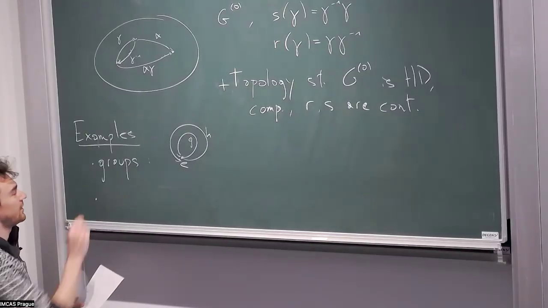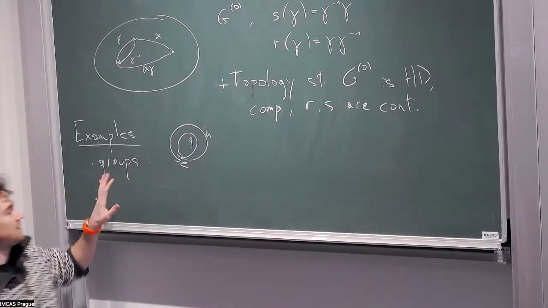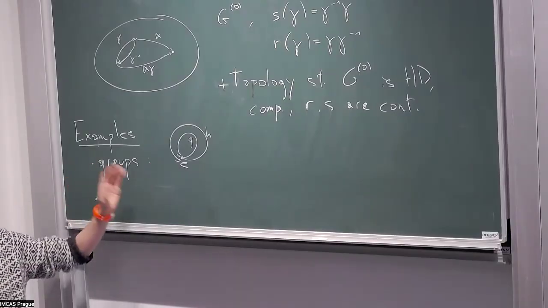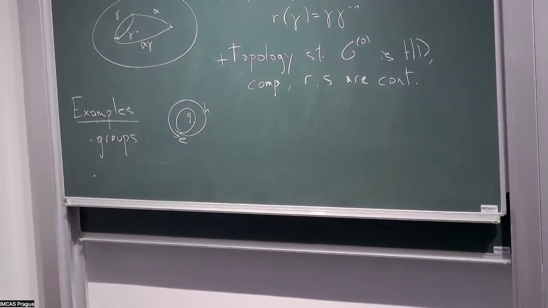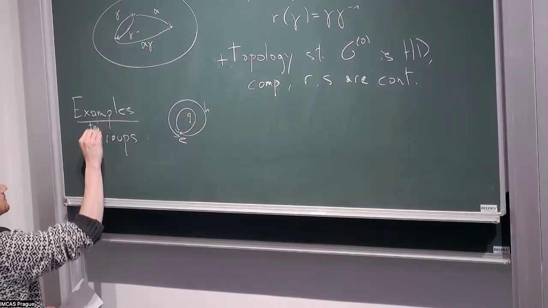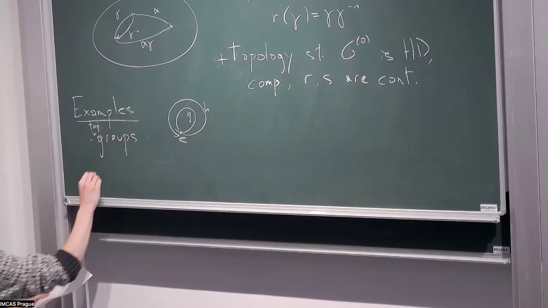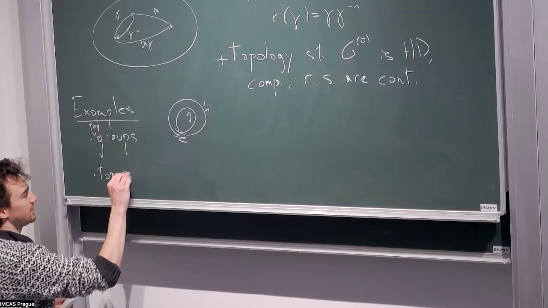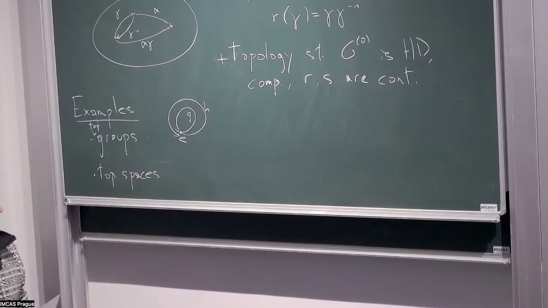Then I guess the other extreme, and okay, I should say topological groups, because I presume that there's also some topology on there. And then the other extreme would be topological spaces.